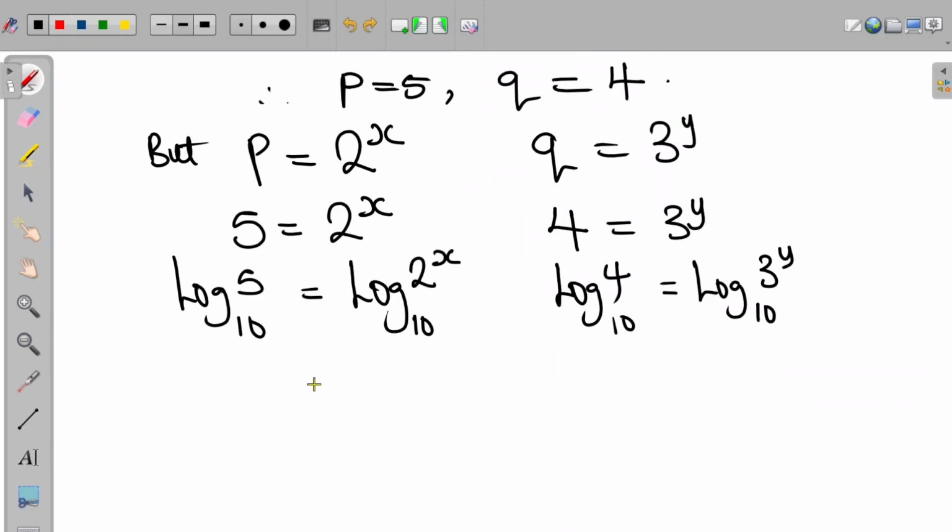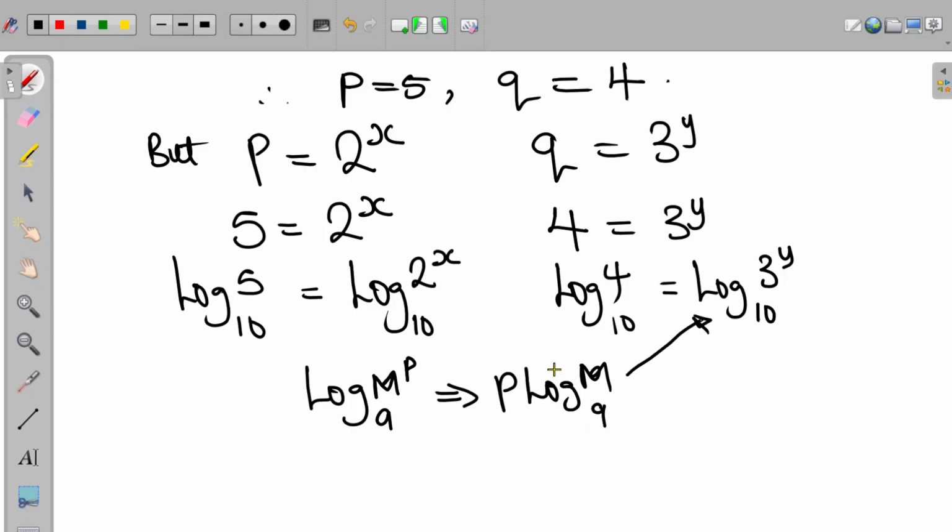Now, from the index law of logarithms, log m to the power of p to base a can be expressed as p multiplied by log m to base a. So we apply this law here and also here.